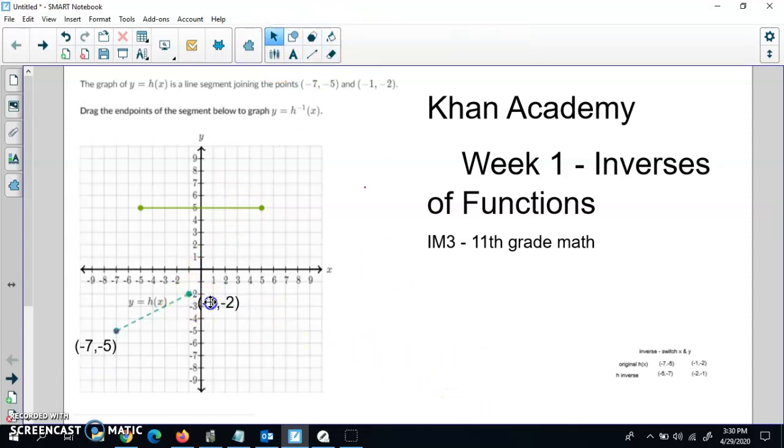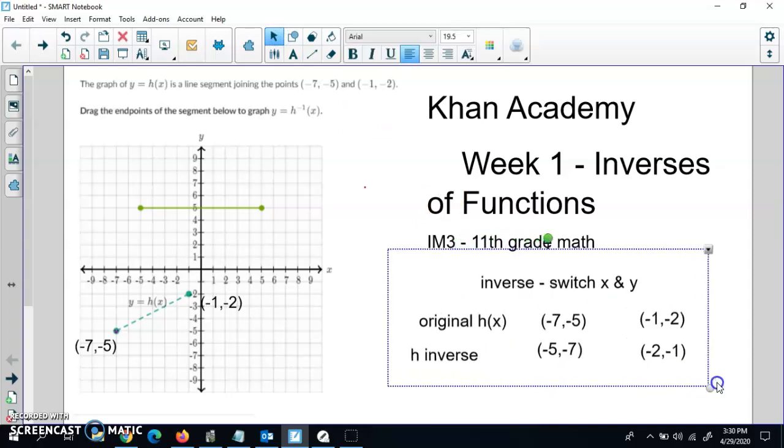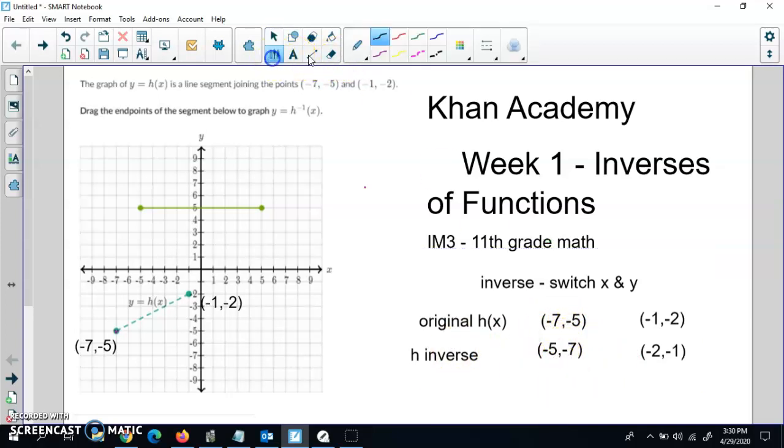It's this one. Now here we have this idea: when you take an inverse, it means to switch. Inverse means to switch. So if you had -7, -5, now on your H inverse, it's going to be -5, -7. All we did is we switched our X and Y. See that? They switched. So all we're going to do is identify that point.